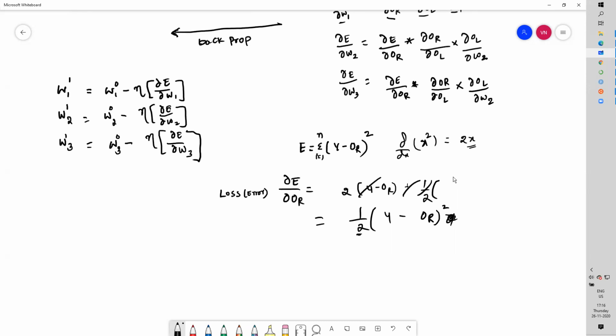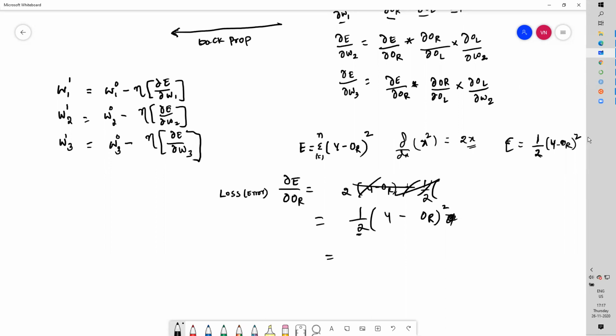The cost function that we are going to write is E equal to 1 by 2 of y minus OR whole square. Y is our original value, OR is the output generated, so we are squaring that. And I am just adding 1 by 2 over here. This is for faster optimization.